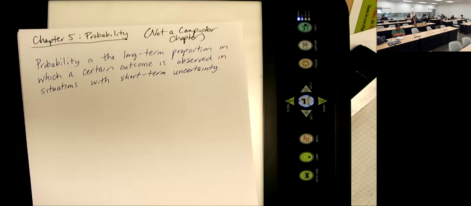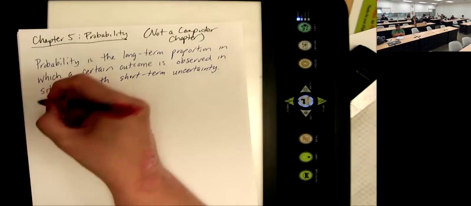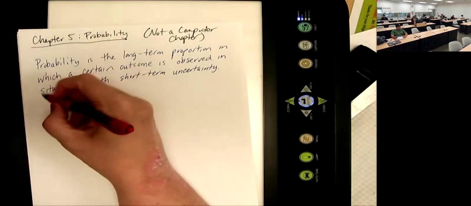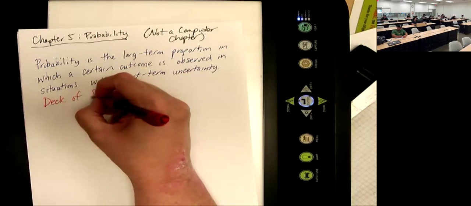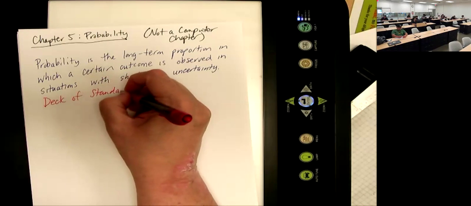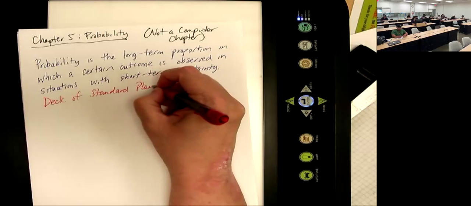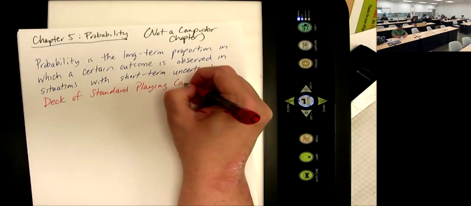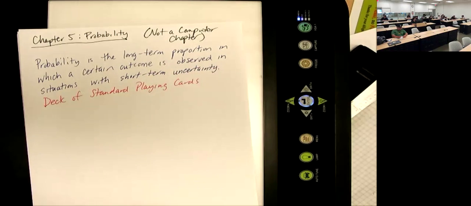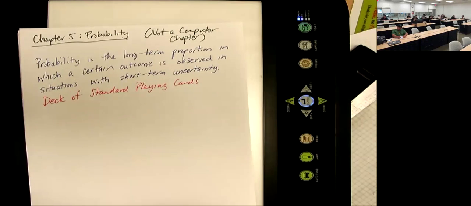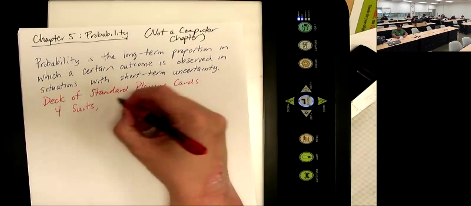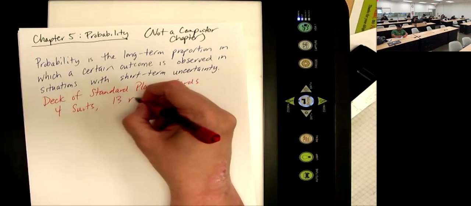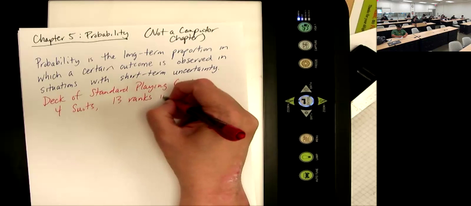Alright, so 4 suits. They're called playing cards. I'm gonna say standard playing cards, because in today's world, if I say playing cards or cards, someone's probably gonna think Magic the Gathering or Pokemon or something like that. 4 suits. They're called ranks, there's 13 ranks in each suit.